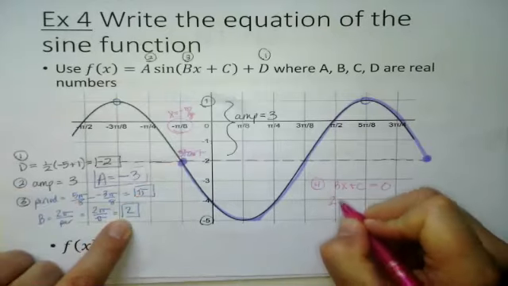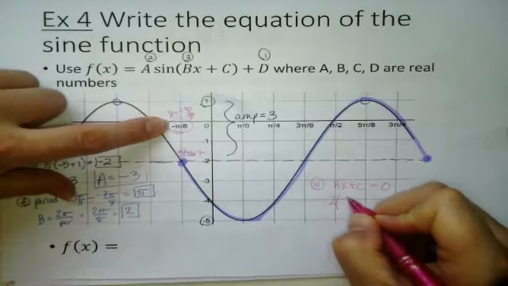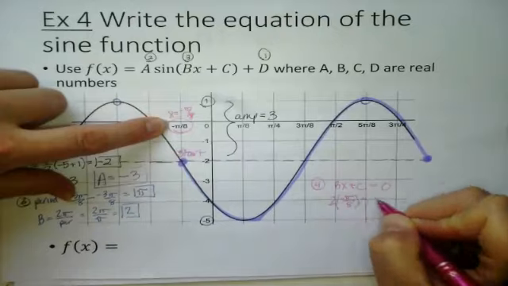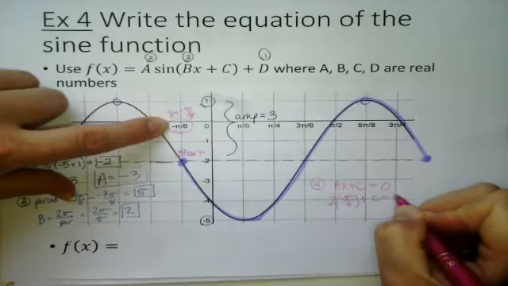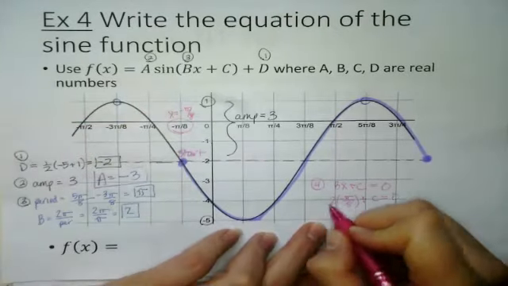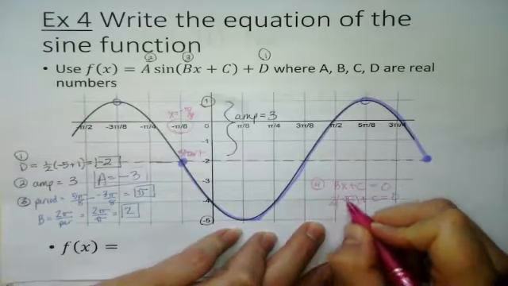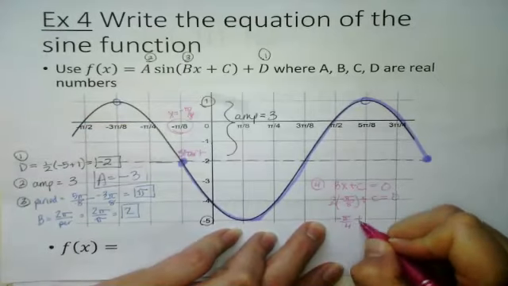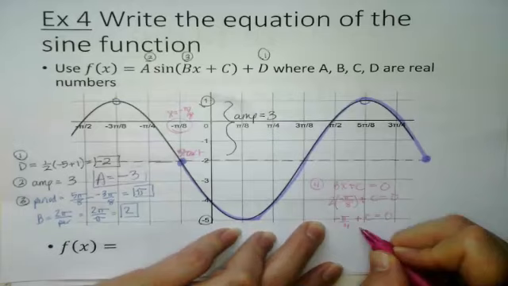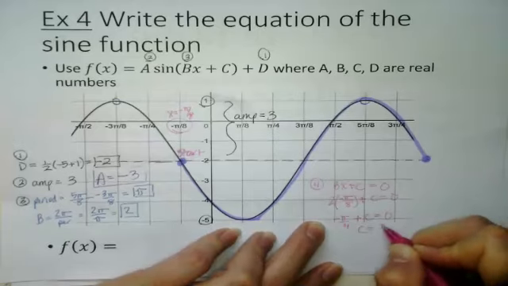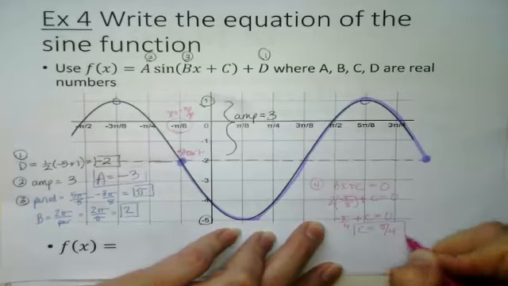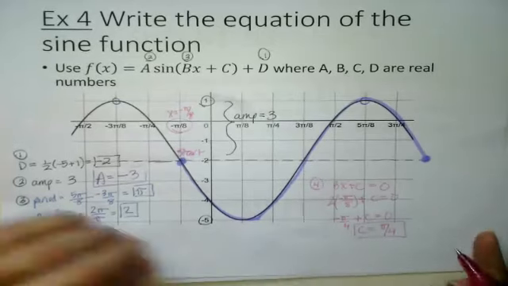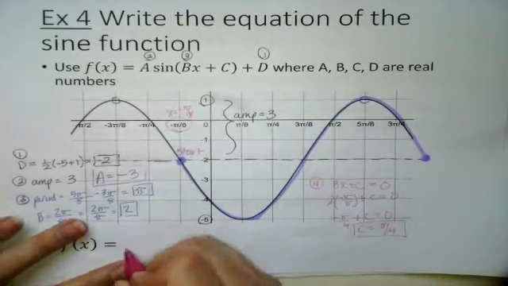B is 2. Our starting x value is -pi over 8. Plus c is equal to 0. And I'm just going to go ahead and here, this is -2 pi over 8, -pi over 4, plus c equals 0. And I can just move the pi over 4 over. So that's the value of c. So we can solve for c, and I can plug in my values, and then we'll be done.